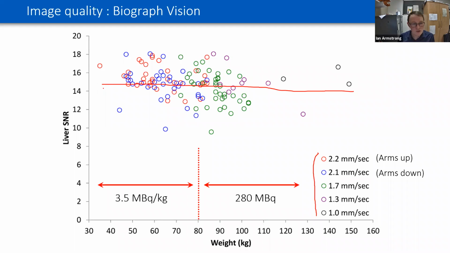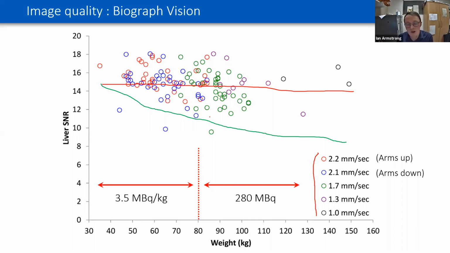Now, when we drew similar charts for the MCT, if we were to look at the center, it would always do something a bit like this. And yes, we could have compensated for that lower end of the plot by increasing the scanning time even further, but it became impractical, both from a scheduling point of view and a patient point of view.